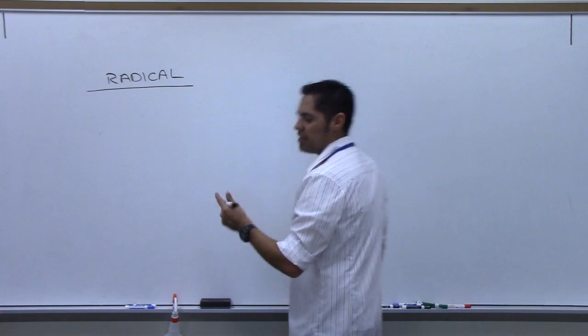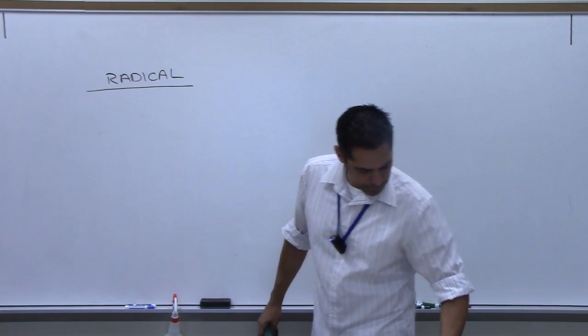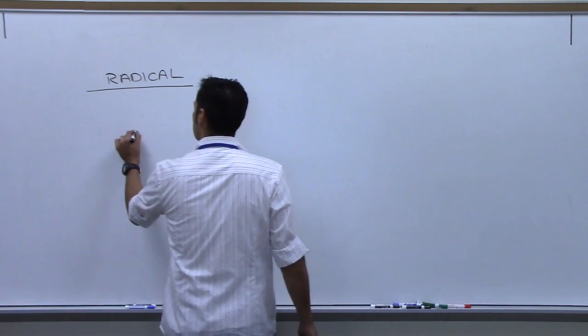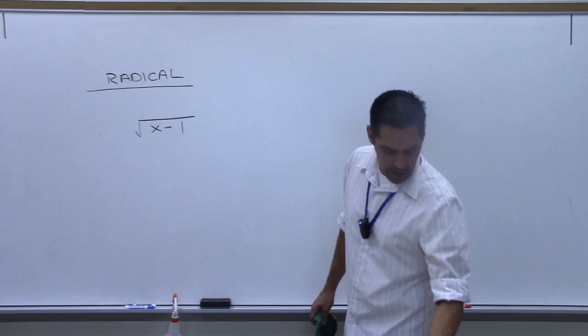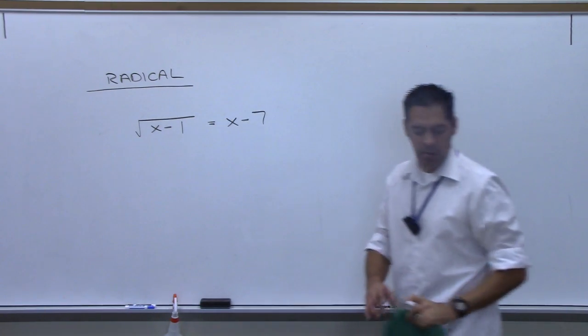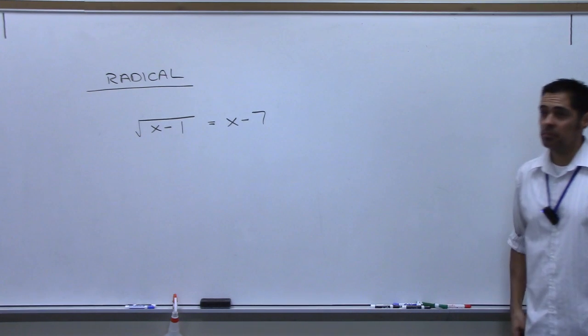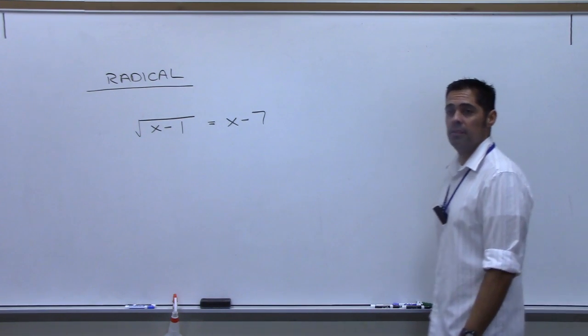So I'll give you an example, and I'll just pull one right out of the book. Square root of x minus 1 equals x minus 7. There's a good old radical equation right there. Correct. So what are the steps to solving a radical equation?